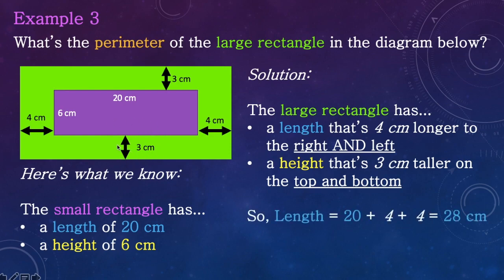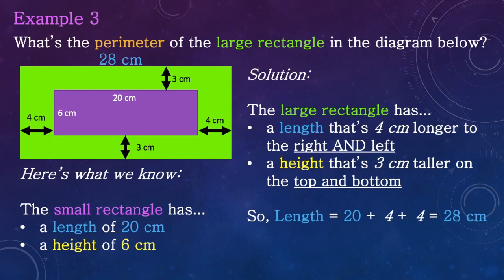So to figure out length, we take our 20 from the small rectangle and add each side. So this 4 from the left and this 4 from the right, and we add it together to get 28 centimeters. So now we know that the length of one side of this large green rectangle is 28 centimeters.